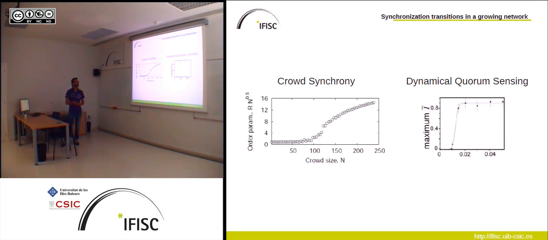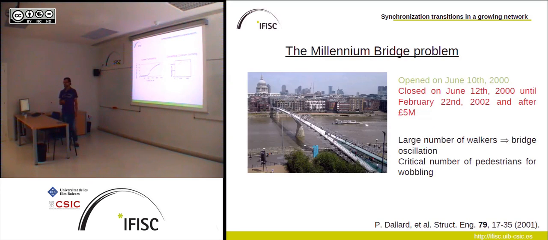Below a critical value, there are no oscillations, all the oscillators are in the quiescent state, and above the critical value, synchronization appears and also the oscillations of the system. So, why is this called quorum sensing? I will come to that in a minute. Let me first show what crowd synchrony is.